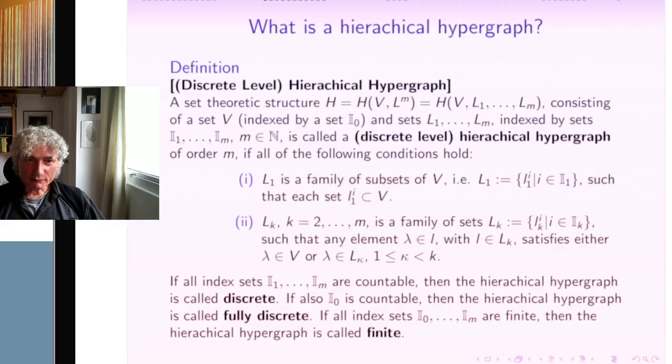And now we work ourselves upwards in the hierarchy. So now we define hyperlinks at level Lk, where k is now going from 2 to m. So m is the maximal number of level where we stop. And now this is a family of hyperlinks Lk as well, so defined as this.